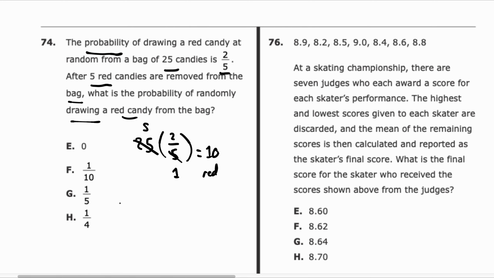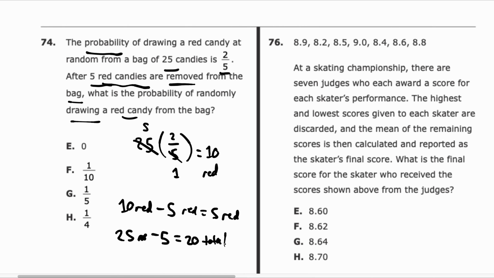And now we're taking out 5 red candies, right? We're withdrawing 5 red candies. So we are left with 5 red candies, and the total number of candies started at 25, but we removed 5 red candies, right? So we're left with 20 total candies.